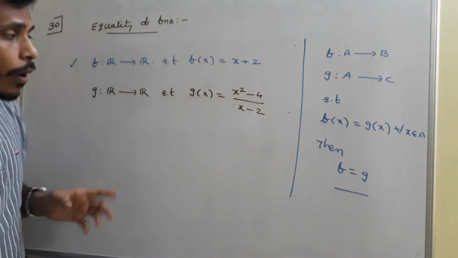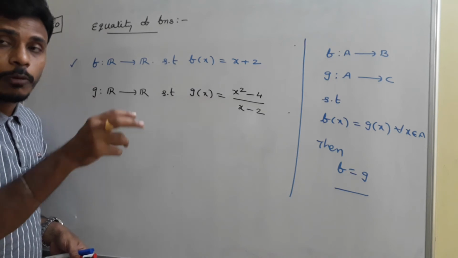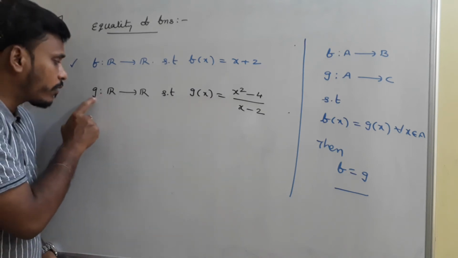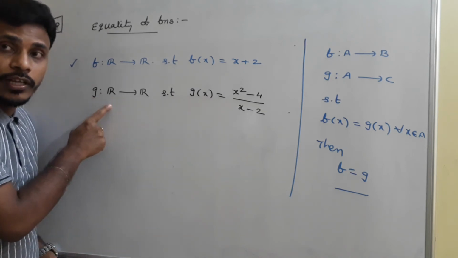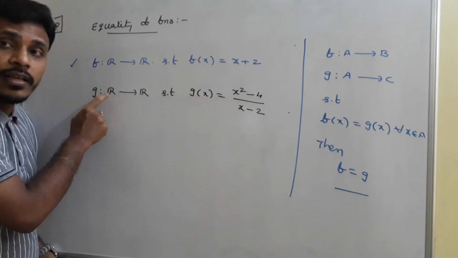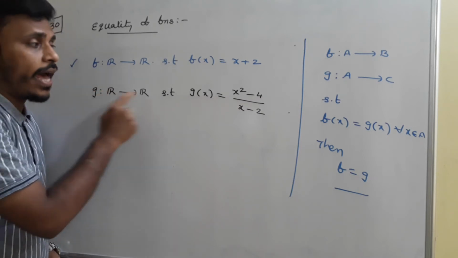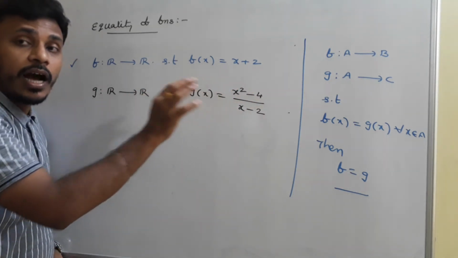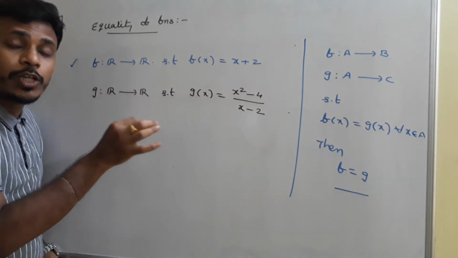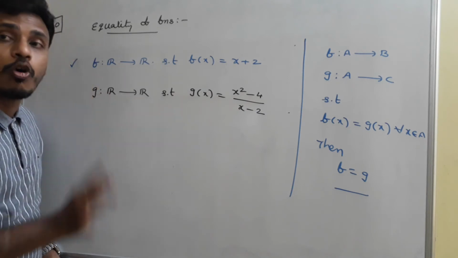But when you think in depth, when you observe carefully, the domain of the second function g is real numbers. In the real numbers, the element 2 is involved, so at 2 this is not defined, and that's why g is actually not a function with this particular domain.